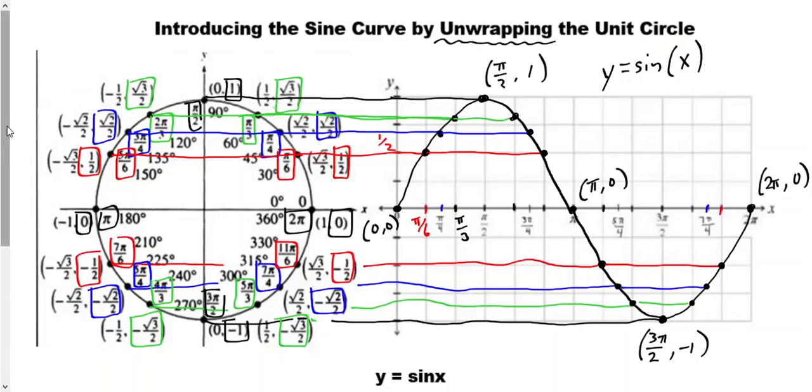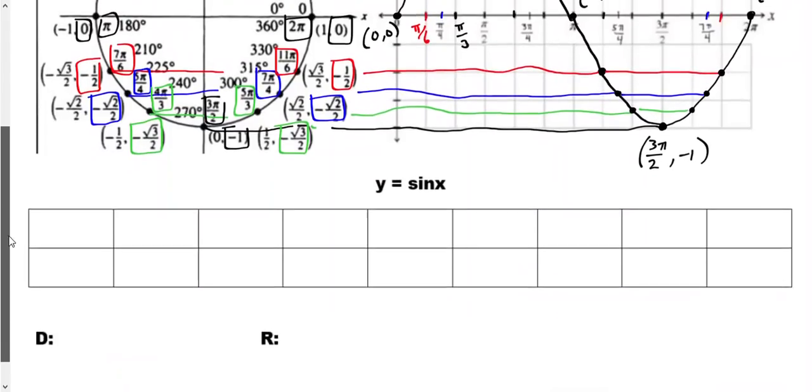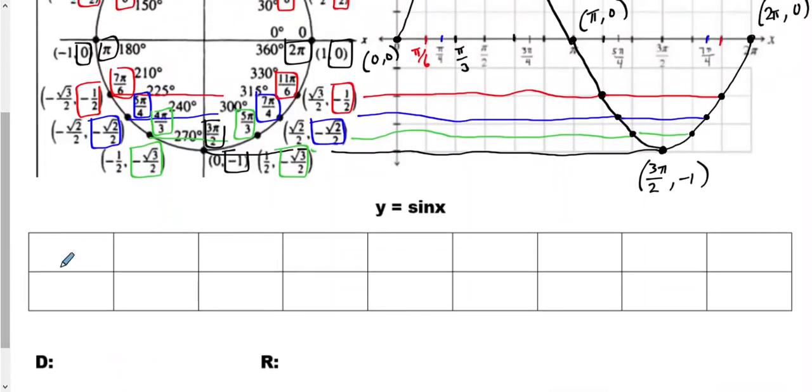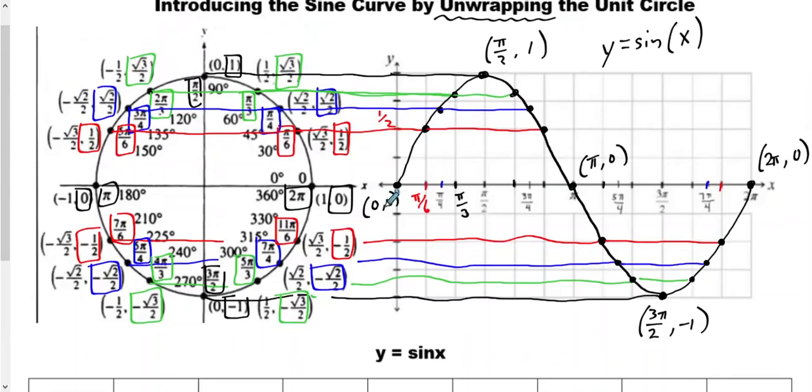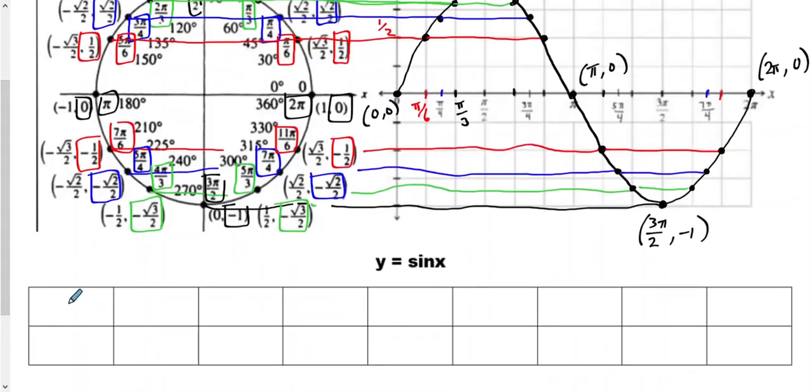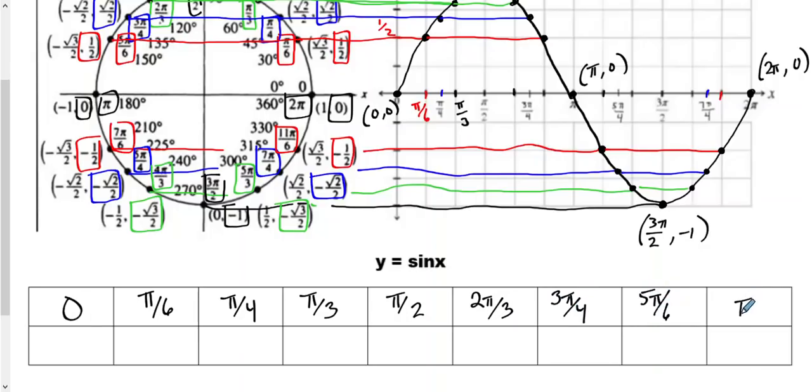So before we move on, we're going to get a little bit of detail out of the way. We can fill in a basic table of values for these points. I've already pointed out the 5 most important ones to you, but let's go ahead and recap by walking through the first half of this curve with our values. So we were looking at angles 0, pi over 6, pi over 4, pi over 3, and pi over 2, and then their analogs in the second quadrant, 2 pi over 3, 3 pi over 4, 5 pi over 6, and pi.